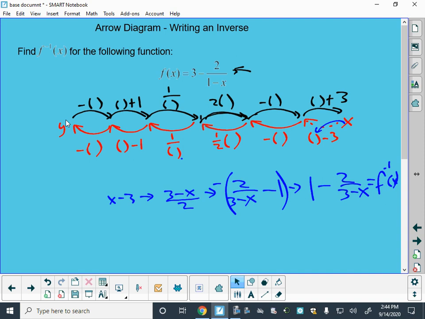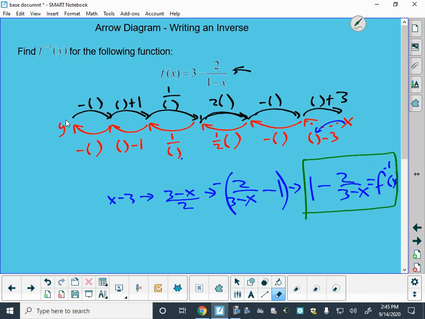So that was the goal of this problem, to figure out what the inverse of the function was, and I just followed the arrows backwards. The beauty of this also is normally we want to prove that it's an inverse by doing a composition of the function, the inverse with the function, but that's already here in the arrow. If I start with my x on the far right and I follow it along here, then I end up on this end.